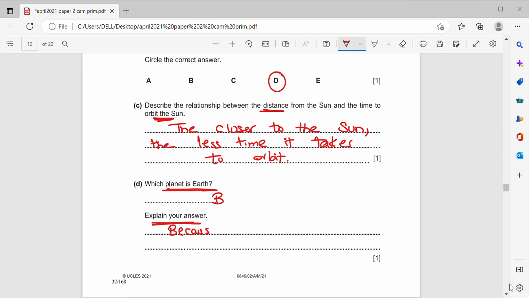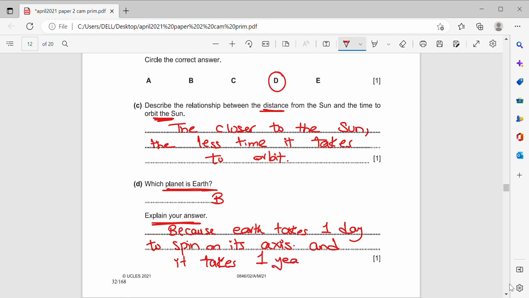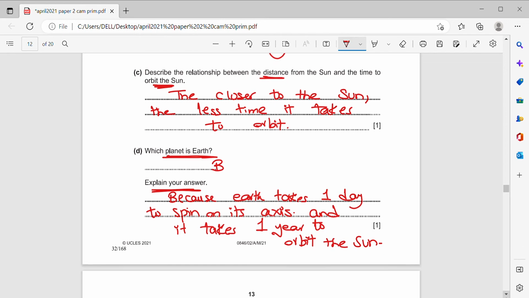Because Earth takes 1 day to spin on its axis and it takes 1 year to orbit the sun. Do you understand? We will solve science and we will get the full mark, God willing.